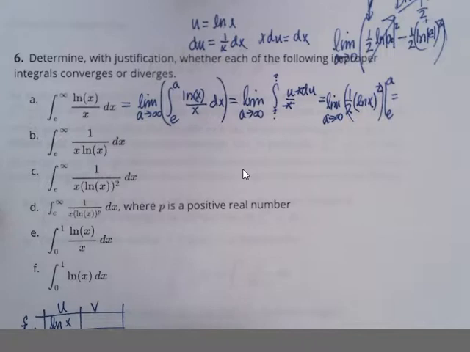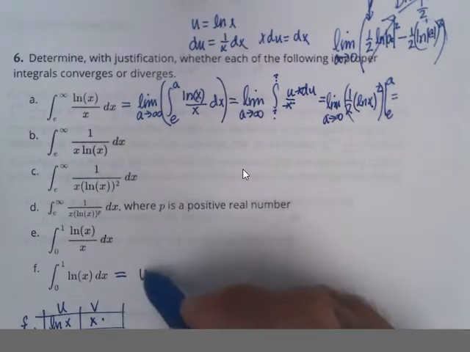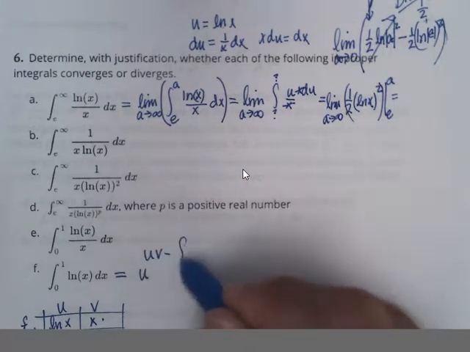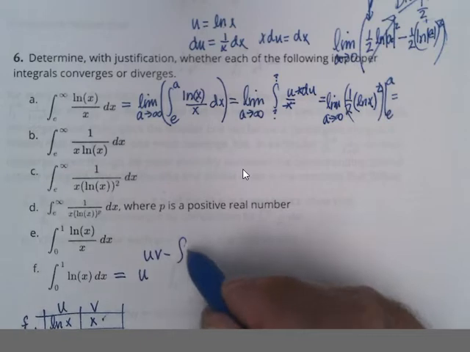And I put here just dx, and this becomes just x. So we get uv minus the integral of v u prime.